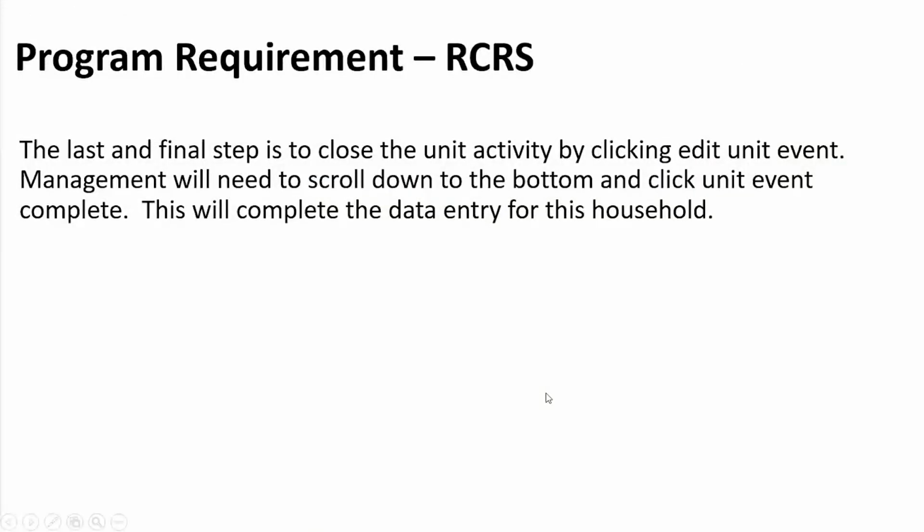So the last step is to click on the Edit Unit event. Once you click on this button, you can scroll all the way down to the bottom and you want to hit Complete. This will signify to the agency that your data entry for this particular household is complete.